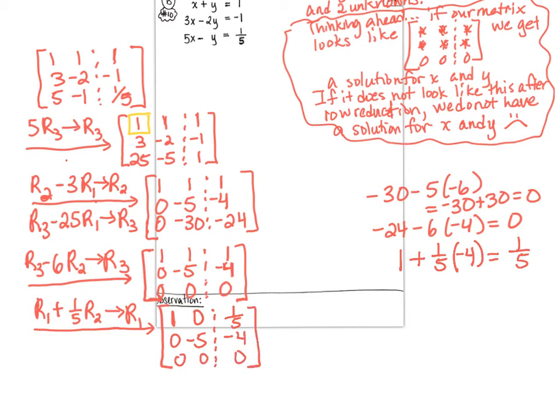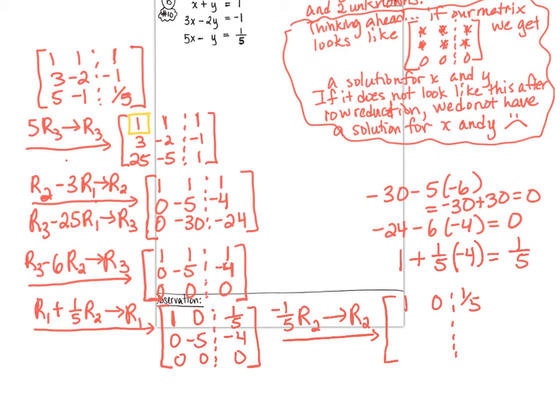Now we're close. What can we do now? Divide by -5. Or how do we say that? Multiply row 2 by -1/5. Good. So -1/5 times row 2 to get a new row 2. And that gives us, row 1 doesn't change, it's 1, 0, 1/5.